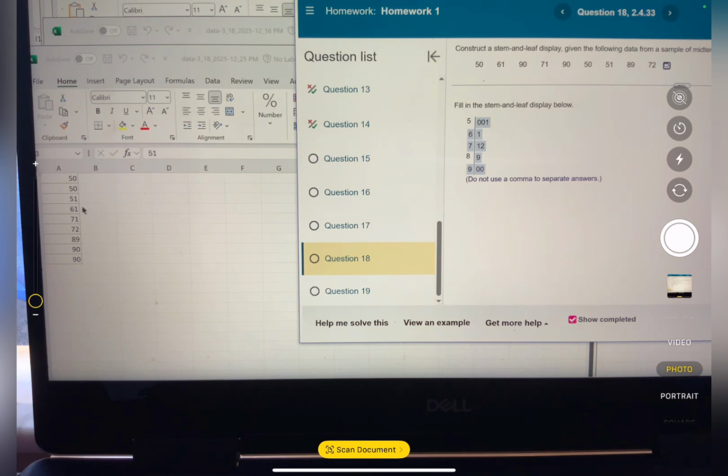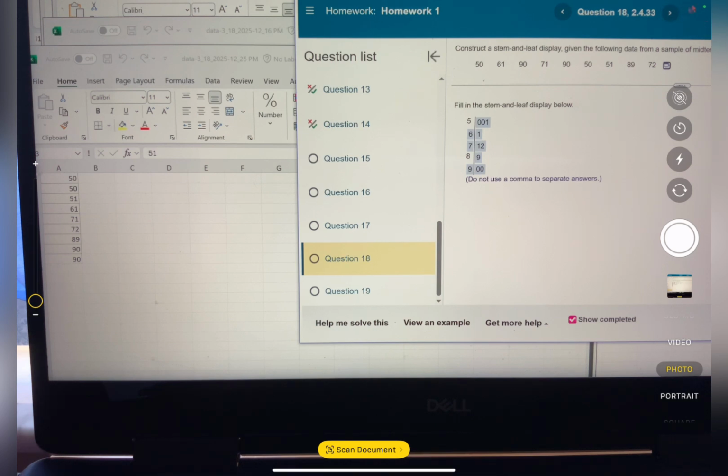Next, with stem 6, you have only one number, so put 6 and 1 after this line. For 70, there are 2 of them, 7 with leaves 1 and 2, and so on. Stem 8 has leaf 9, and stem 9 has leaf 0, and then 2 more zeros. All right, that's all it is.